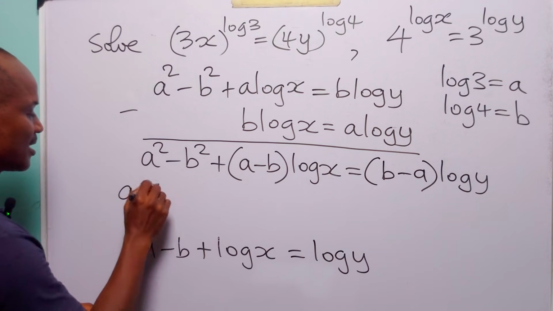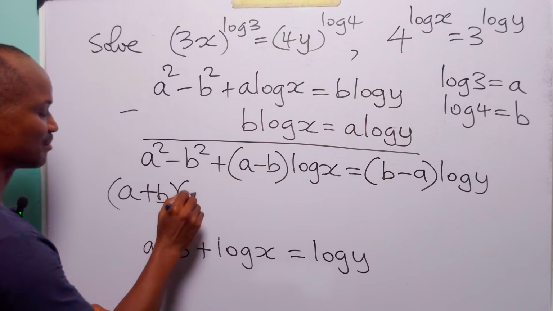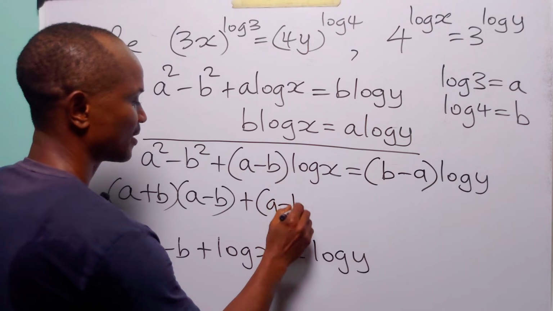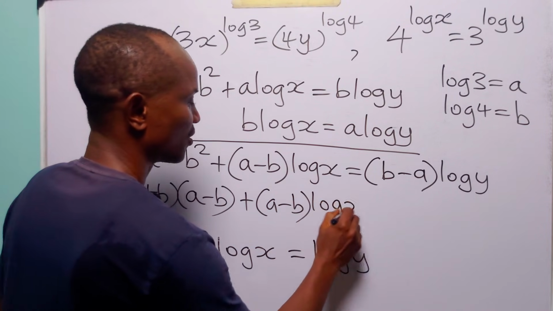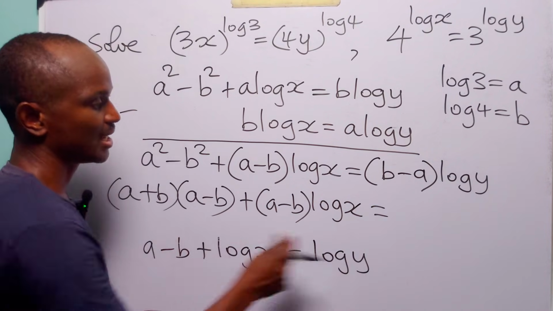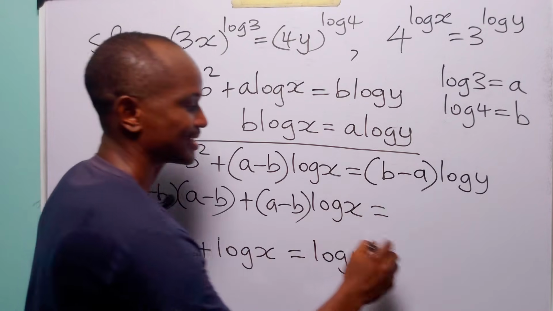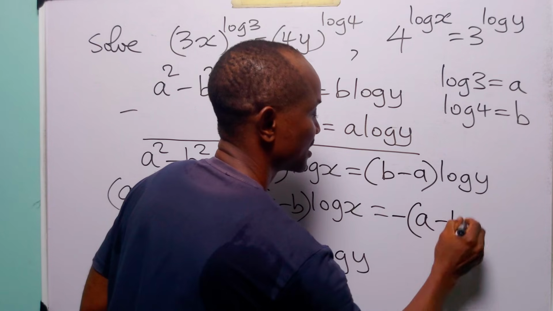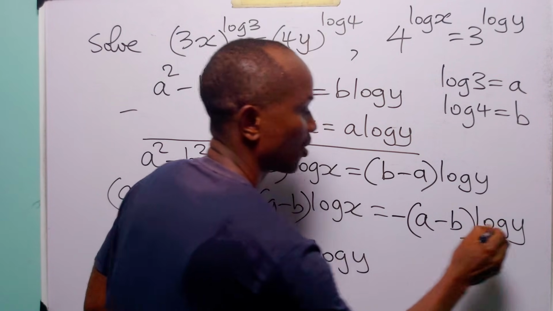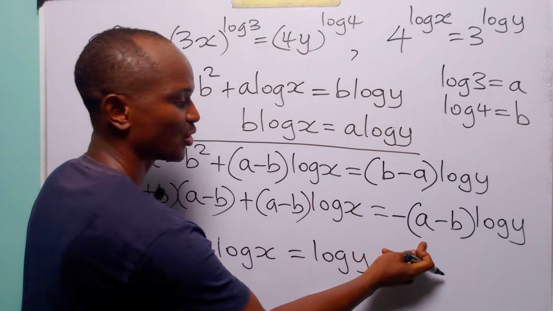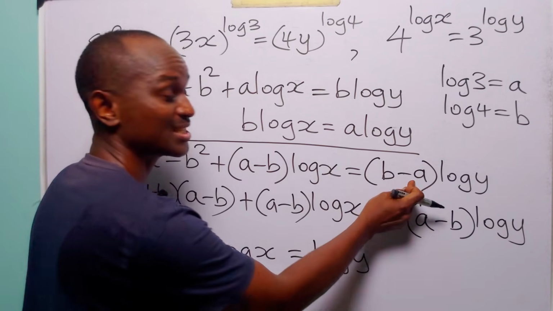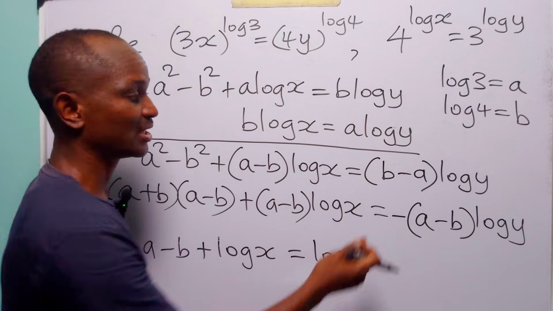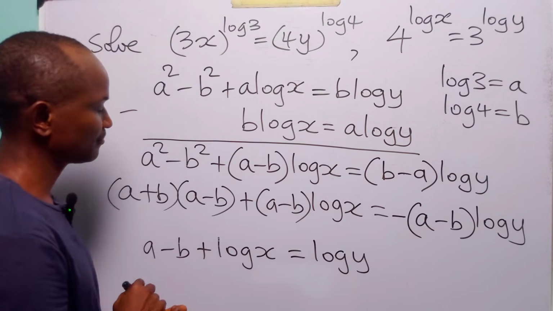We have (A plus B) multiplied by (A minus B) plus (A minus B) log x. And this is equal to, now we can write this as minus (A minus B) log y. Of course, you know that when we open this bracket, we have minus A, which is what we have here, and minus minus B, which is plus B, which is what we have here.